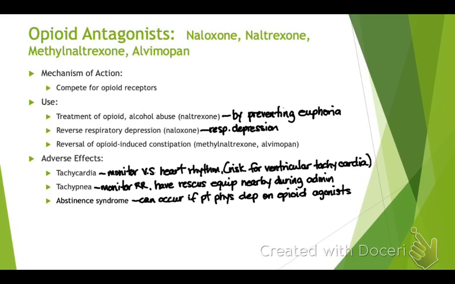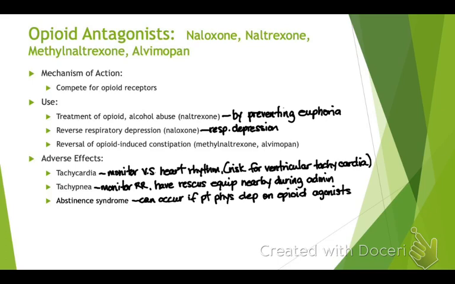The mechanism of action for these opioid antagonists, again, is that they're going to compete for the opioid receptors. You're going to use these opioid antagonists in treatment of opioid or alcohol abuse. Naltrexone is what's used for alcohol abuse. It's going to prevent the euphoria.